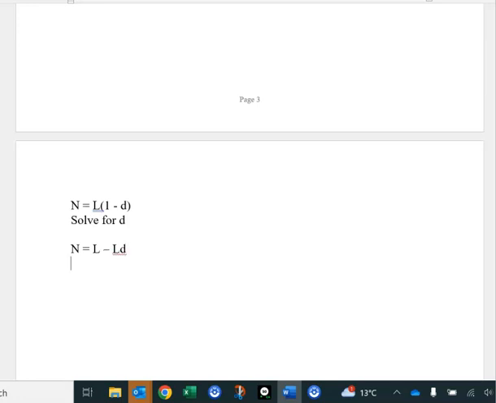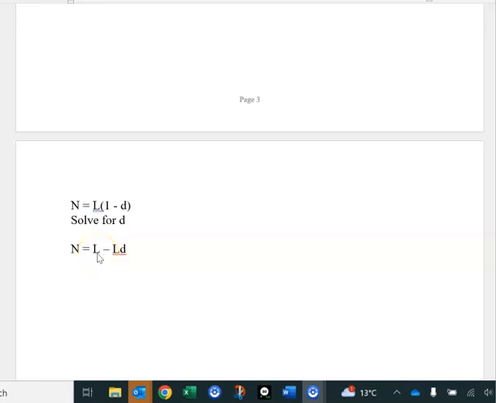So now we want to get rid of the L from the right side of the bracket, the lone L, and the way we do that is we subtract it. Okay, so we want to get rid of this lone L and move it to the other side.